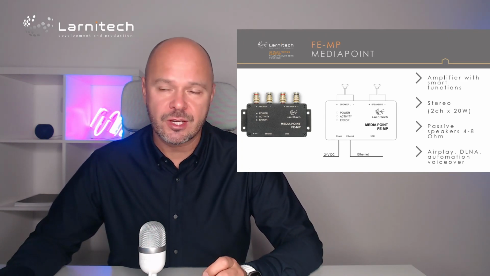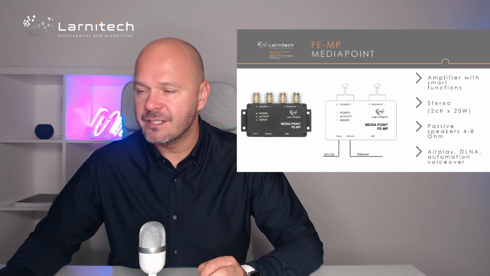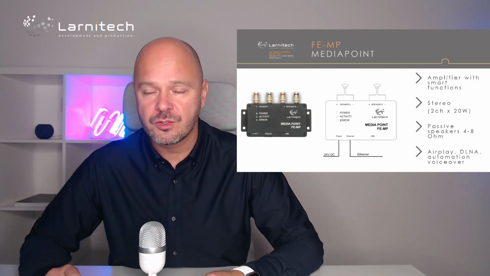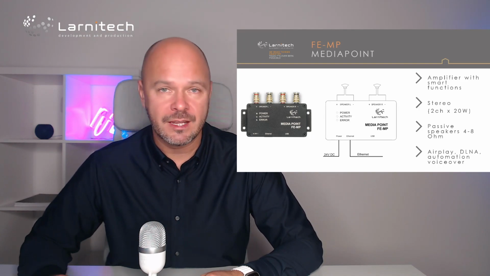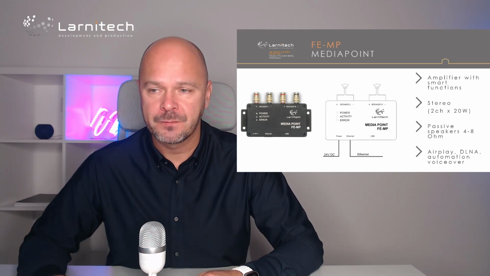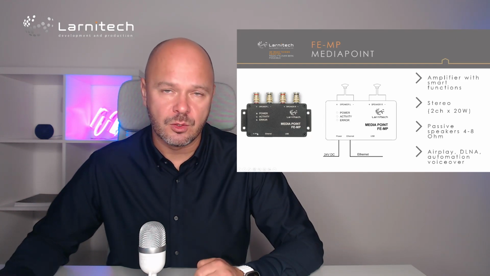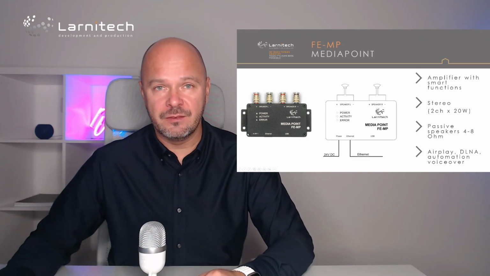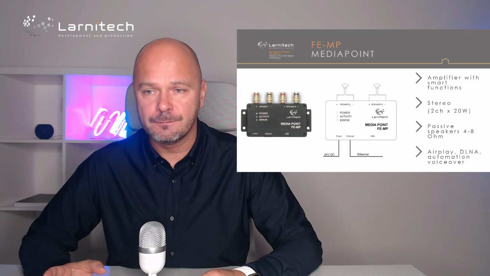It has two channels up to 20 watts, and it uses connection to passive speakers 4 to 8 ohms. Okay, so not more than 8 ohms, not less than 4. It uses 24 volts power, and it needs quite a big power actually if you want to have its full potential.